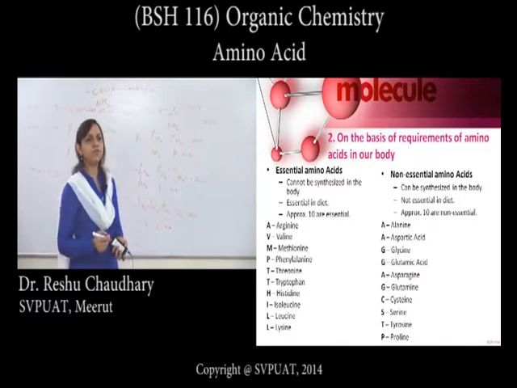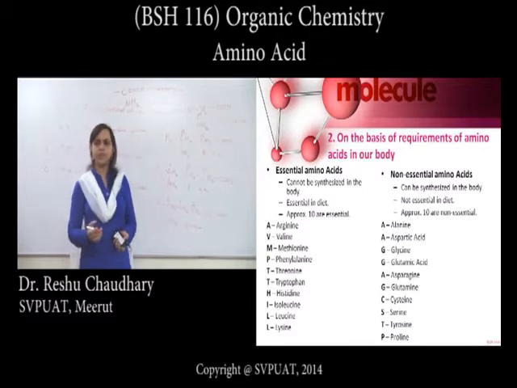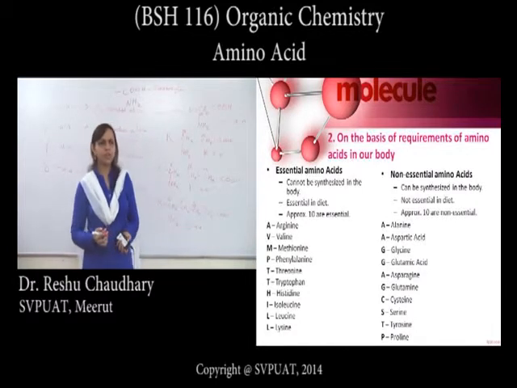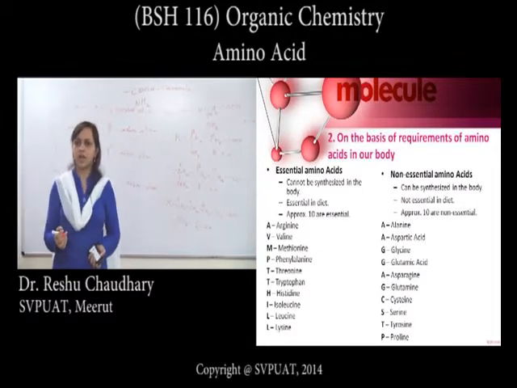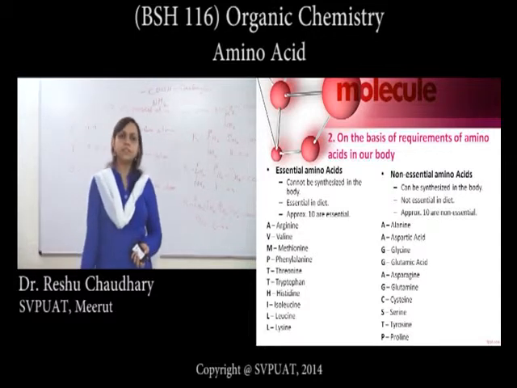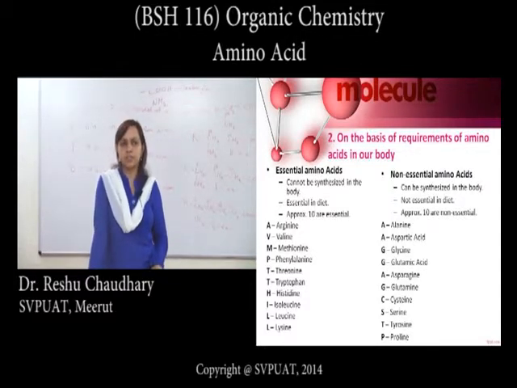Among the essential ones, two amino acids are known as semi-essential. These are histidine and arginine. They are present in children, but in adults they are not necessary for our body. Hence they are known as semi-essential amino acids.